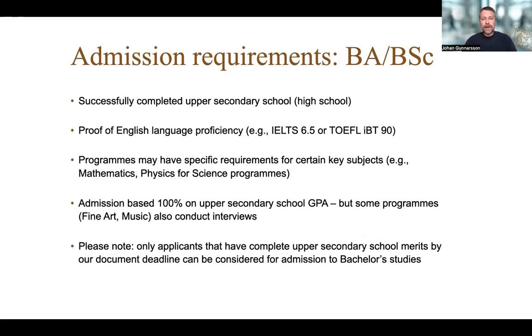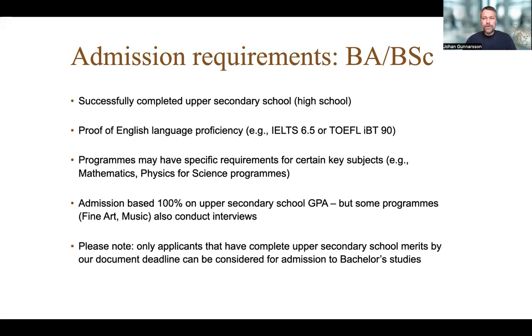Some programs, or all programs rather, have specific requirements for certain subjects. Let's say, for example, that I want to apply to our bachelor's degree programs in physics. Then I would need a certain level in physics and mathematics and also chemistry from my upper secondary school studies in order to be qualified for these programs.